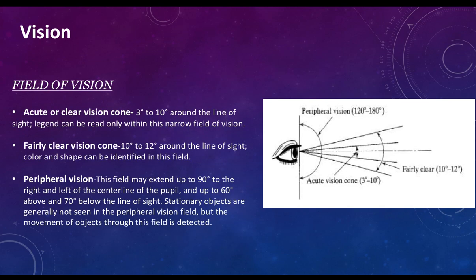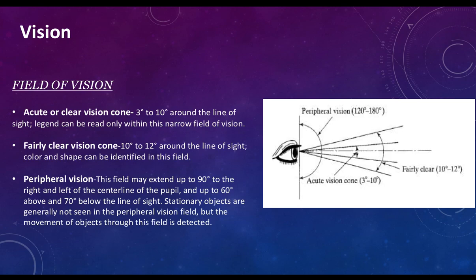Next comes your vision, that means eyesight. How do we categorize this? Let's see the field of vision. Your eye is here. You can see a dotted line here, right? This is called the line of sight. All of us can read things while moving on a vehicle, while driving. You can read things like stop, no parking.